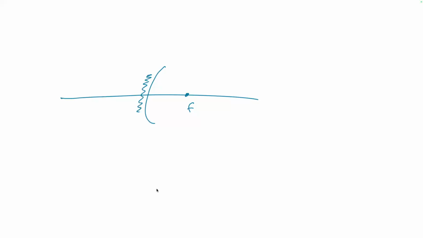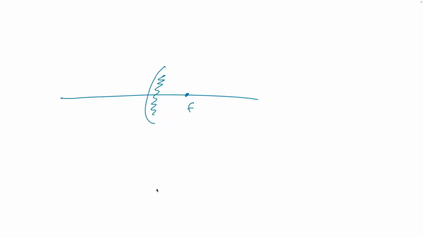But what if the shiny side is over here? Now what kind of mirror is this? It's concave, right? And it wouldn't make any sense to put an object over here if that's the not shiny side of a mirror.